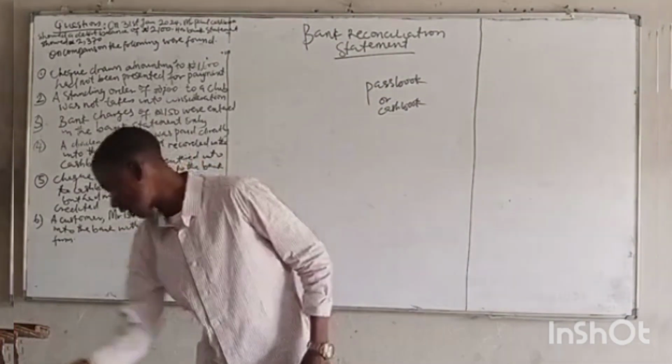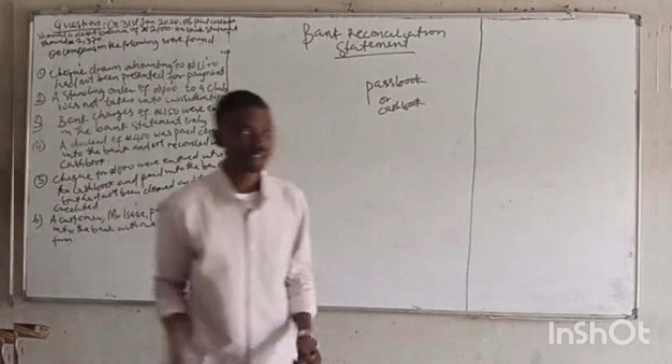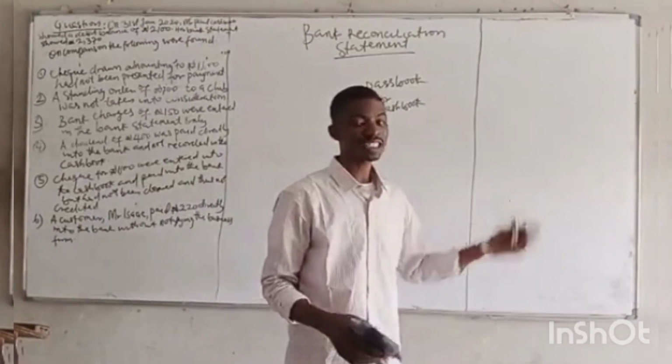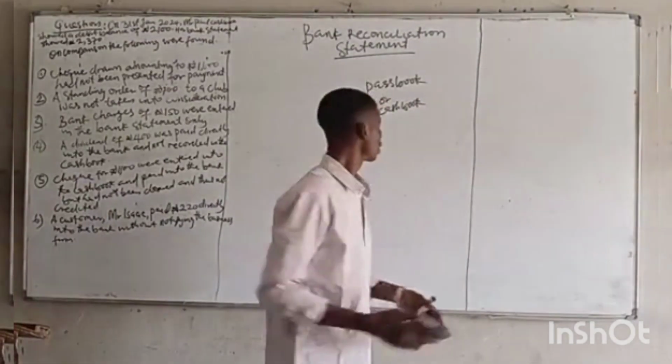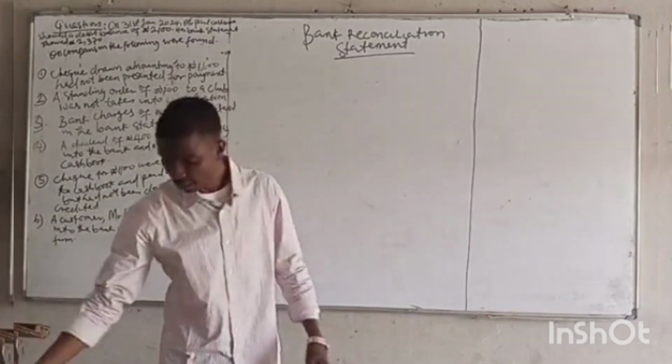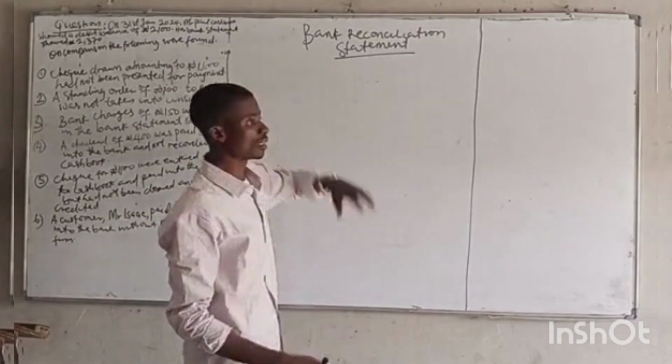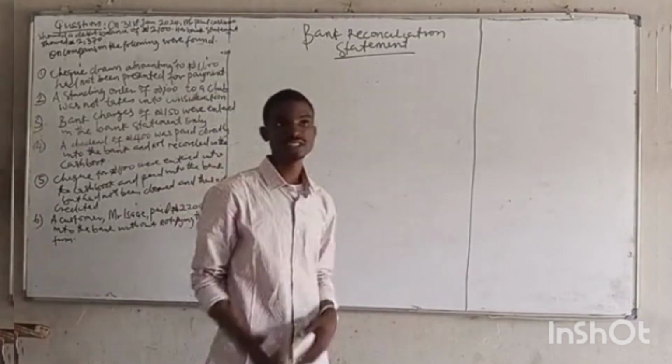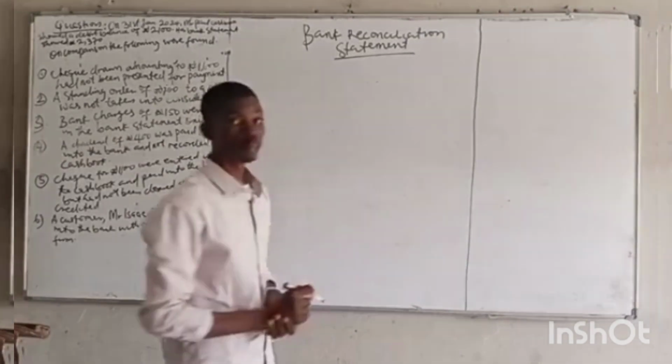So now let's look at some factors that can actually cause that difference. The factors that will lead to a difference between the bank statement and the cash book balance.